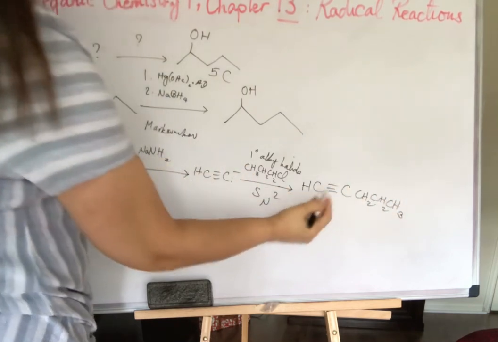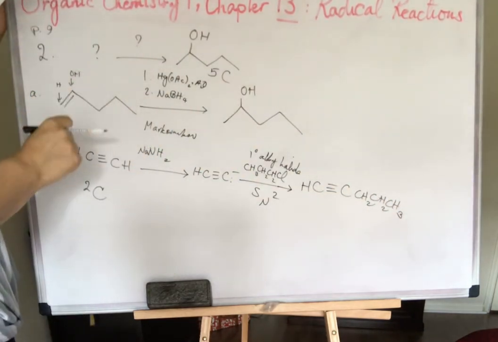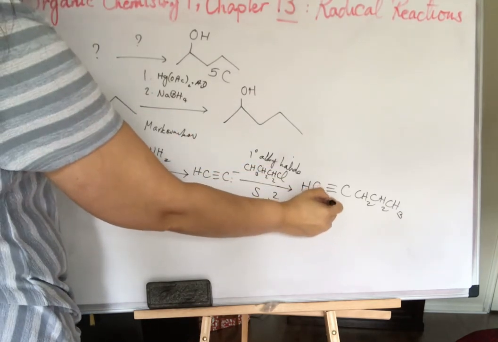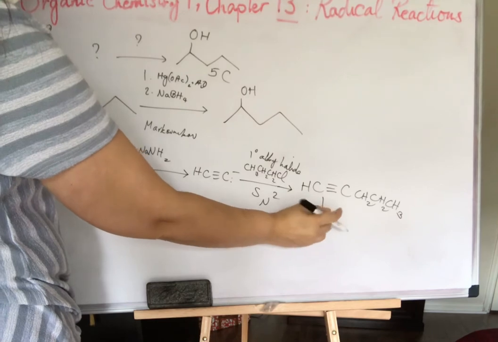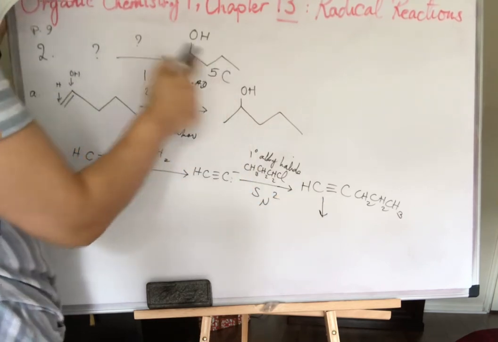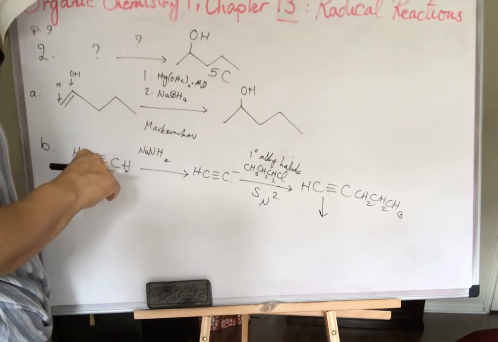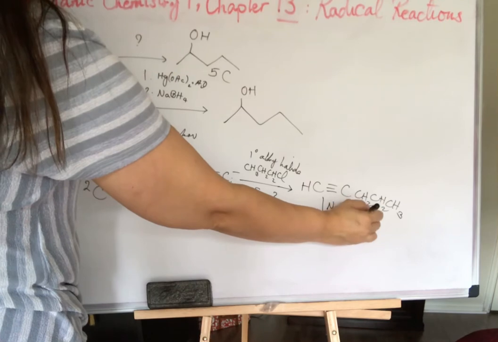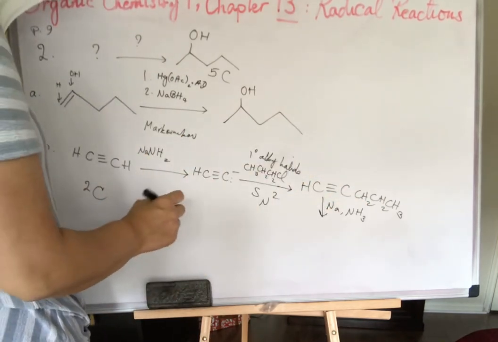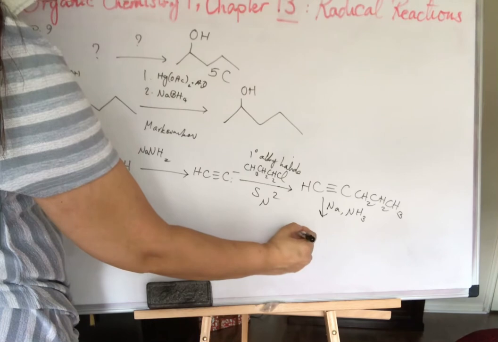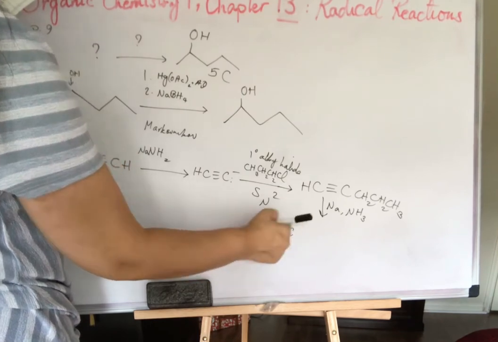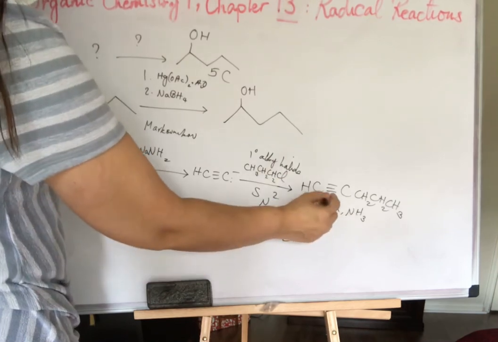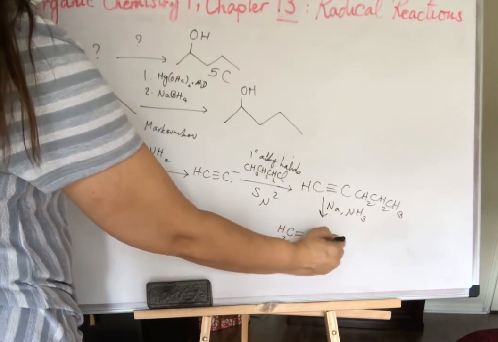The last step is to change it to OH. If you just add water instead of alcohol, you will have either aldehyde or ketone. So let's go ahead and add sodium and NH3. Here, because you're adding hydrogen, cis or trans doesn't matter, because with this reagent you will end up having trans.